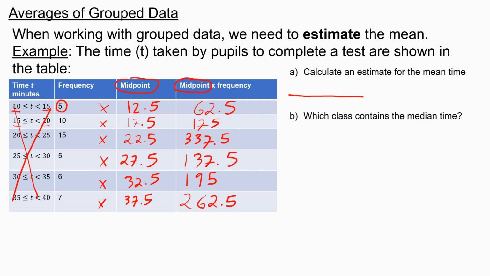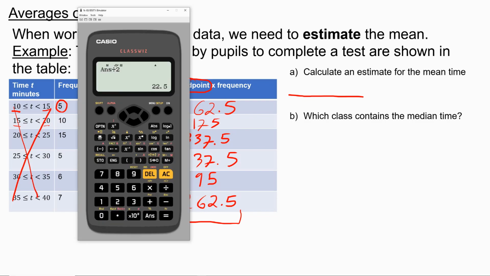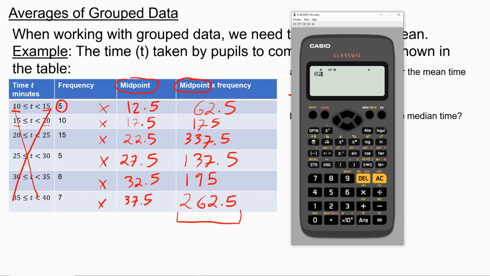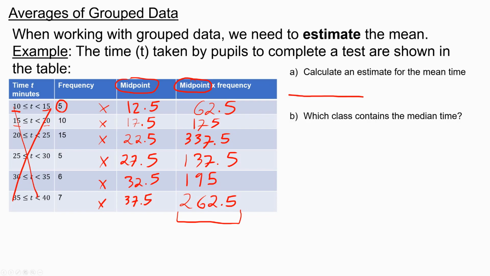Let's add up this column here, the midpoint times frequency column. So let's do that quickly. And that gives me 1,170.